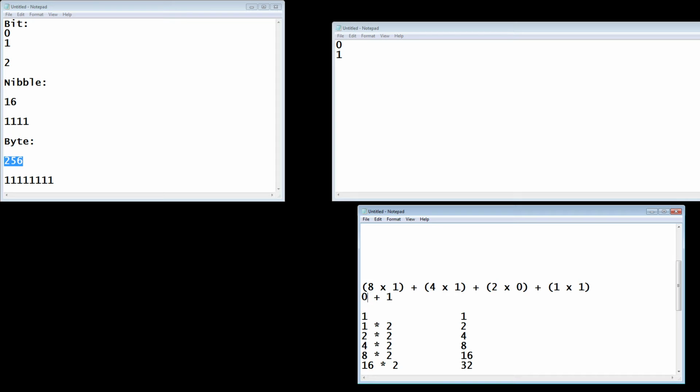Next, 4 multiplied by 1 is 4. The last one here is 8 multiplied by 1, which is 8. Converted to our base 10 number system, that would be 13. So it's equal to 13.